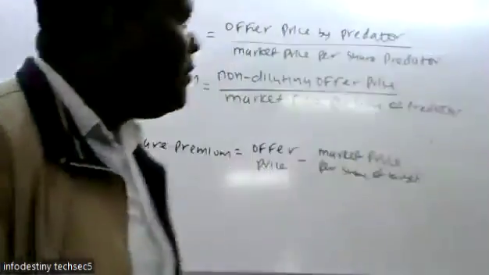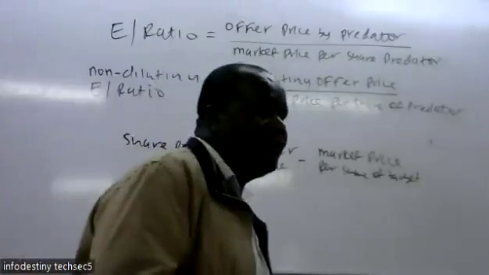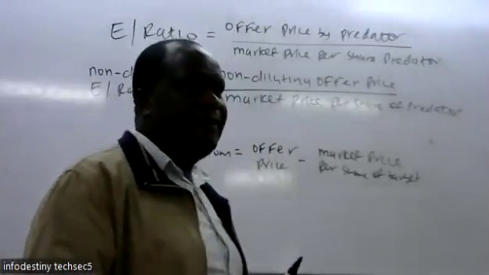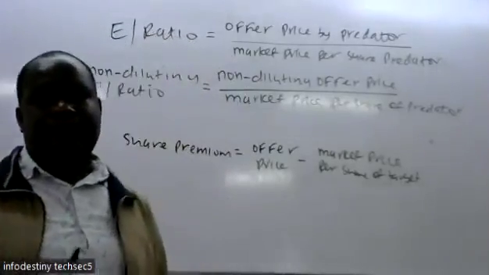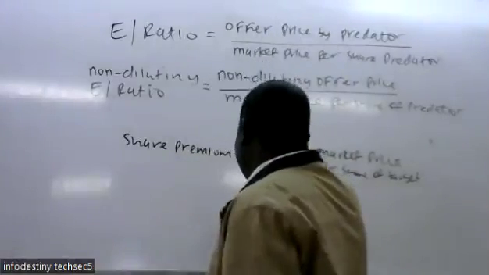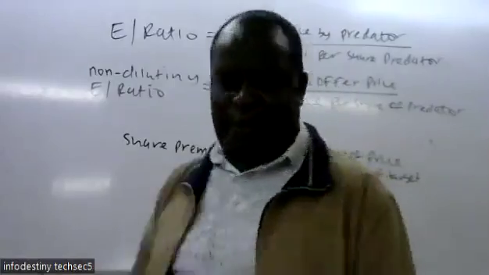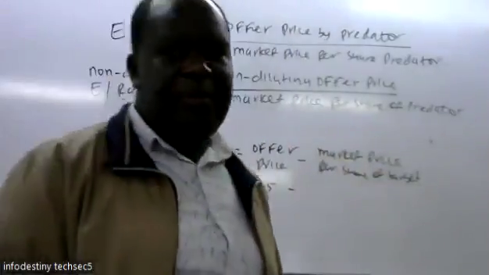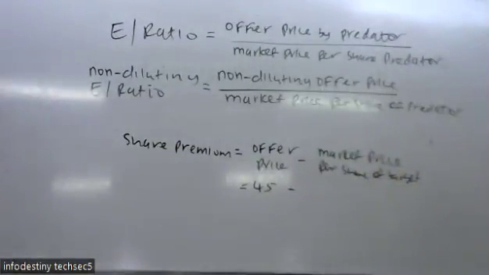So what were we able to get as the offer price? The offer price was 5. So what should be the market price per share of the target?